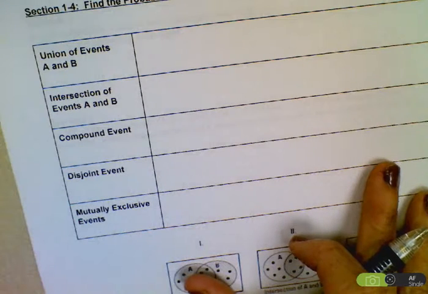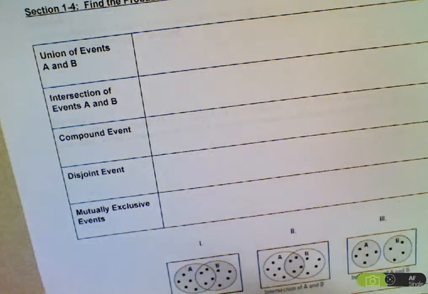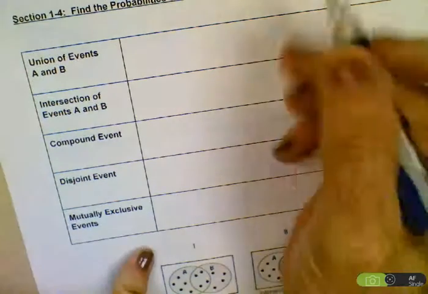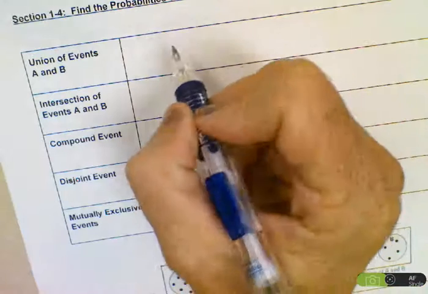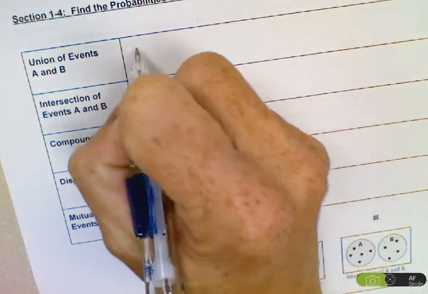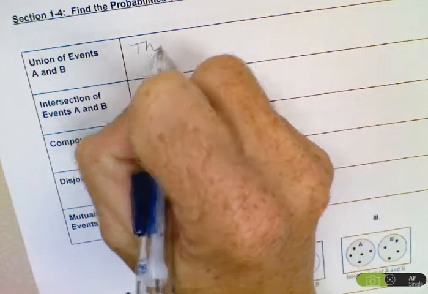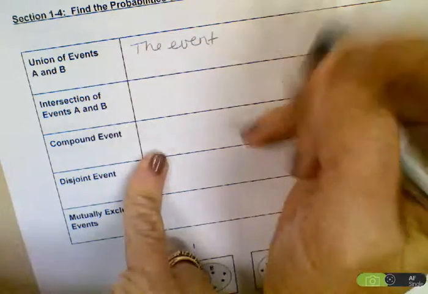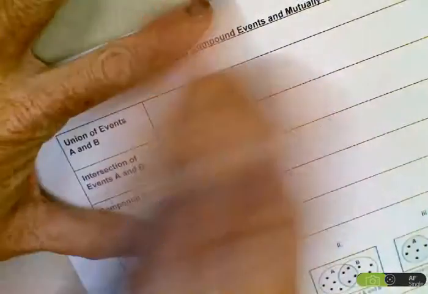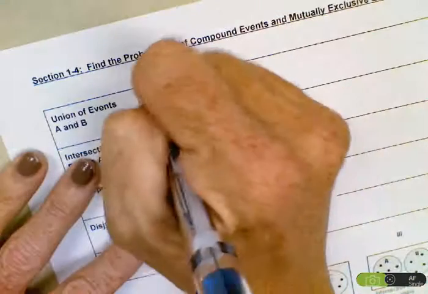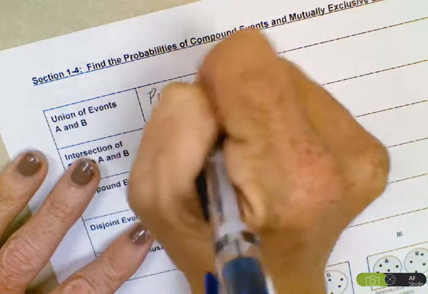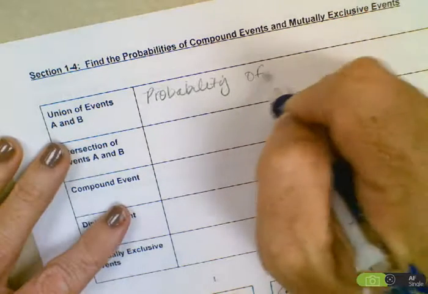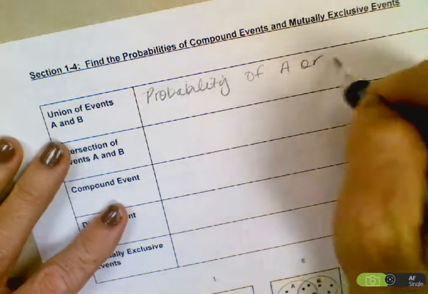Okay, so let's do our definitions here real quick. A union of events A and B. So that's going to be the probability of event A or B happening.